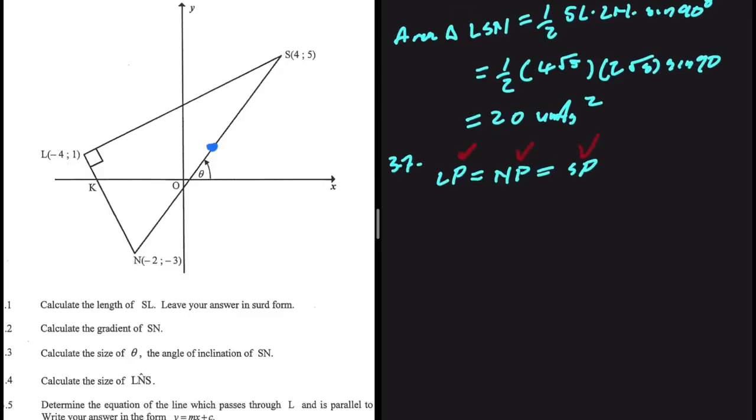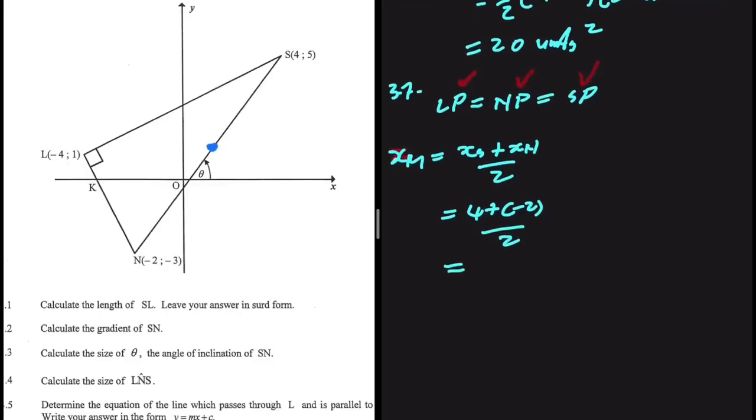So the x value of the midpoint of our hypotenuse will be x of S plus x of N divided by 2. So we have 4 plus minus 2 divided by 2. 4 plus minus 2 is 2, and 2 divided by 2 is 1. And then the y value of the midpoint will be y of S plus y of N divided by 2.